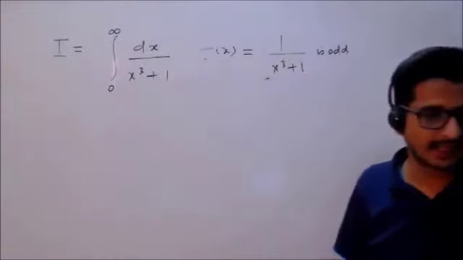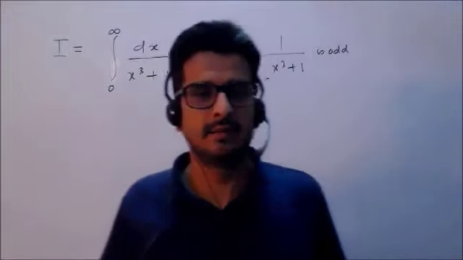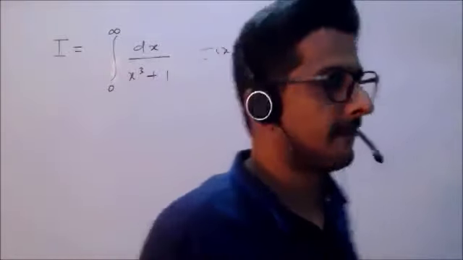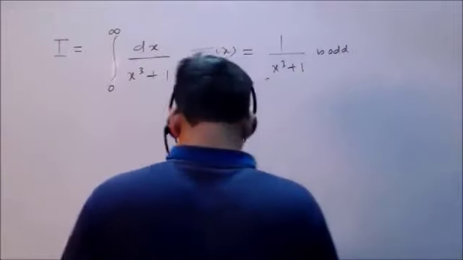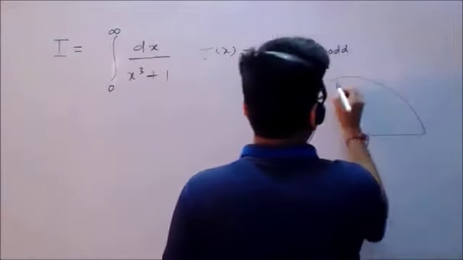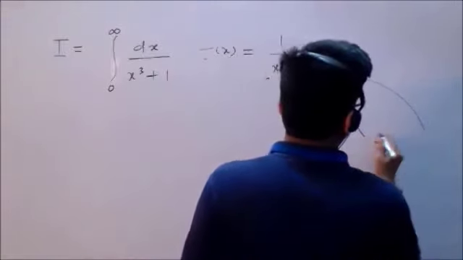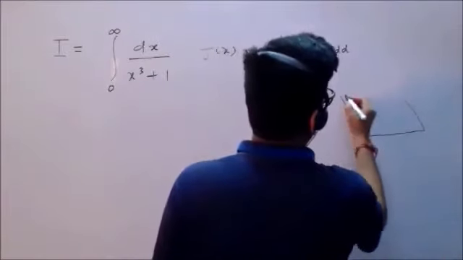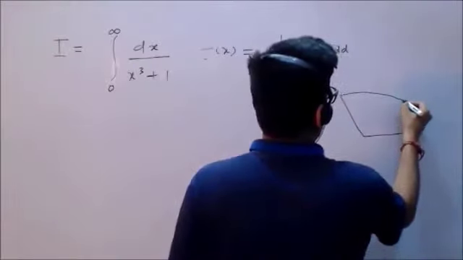So for such type of questions there is a very special trick, because we want 0 to infinity. The trick is like this. We will make a contour like this. The radius has become a little off, but it should be the same.